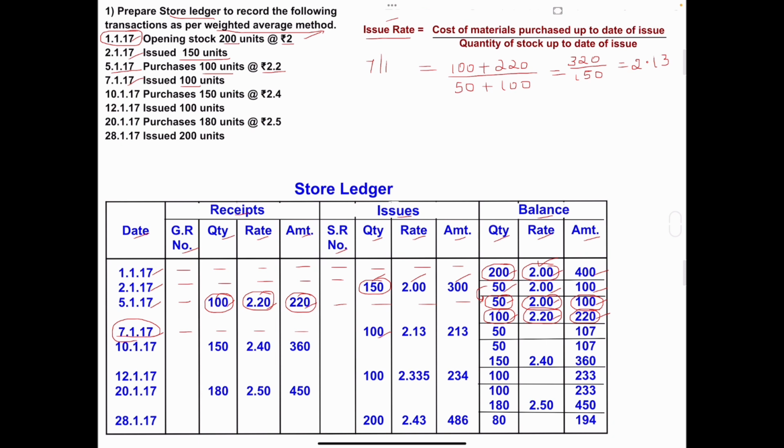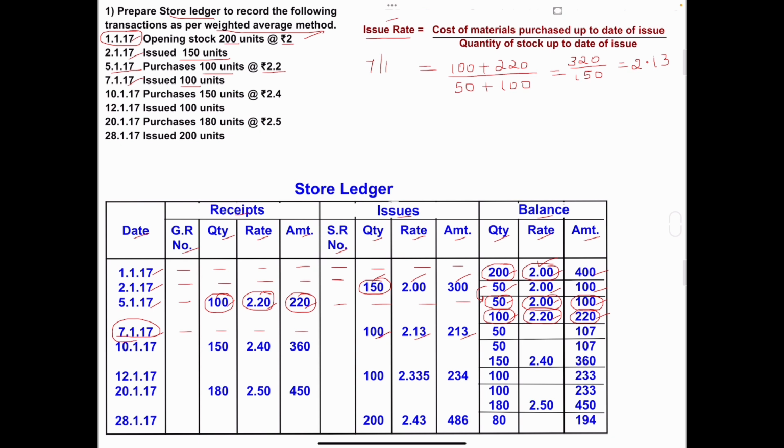So in the store ledger account, 7th January 2017. In total how many units do we have to issue? 100. Rate per unit, how much will we take? 2.13, just as we have calculated. 100 into 2.13, amount is 213. Now write the balance.